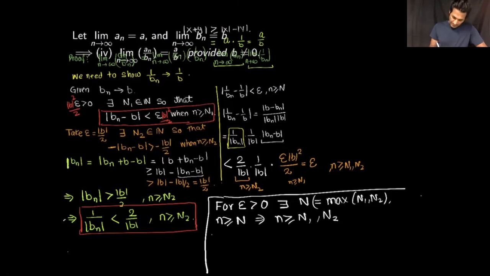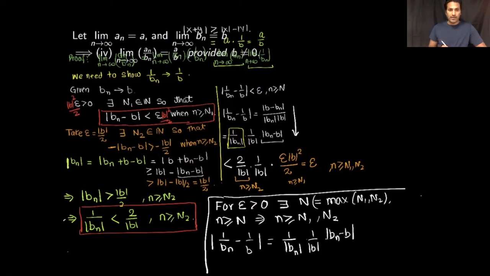And this implies, so this quantity 1 over bn minus 1 over b. If I write down this calculation, this is equal to 1 over bn times 1 over b times bn minus b. Since n is bigger than n1 and n2, it means this inequality holds and this inequality holds. So both inequalities hold.